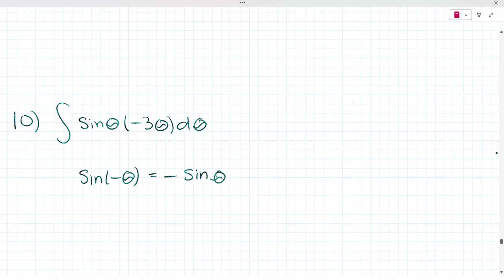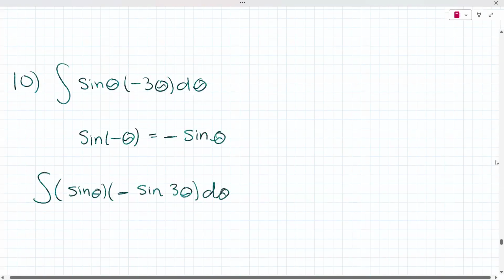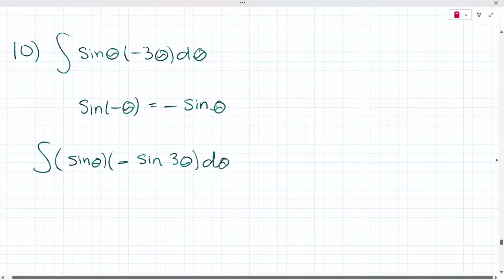So what we could do is rewrite the problem as sine theta, and then replace this negative 3 theta as negative sine 3 theta d theta. And then you have a minus here, so you can put that in front.